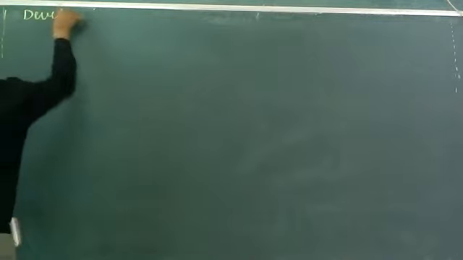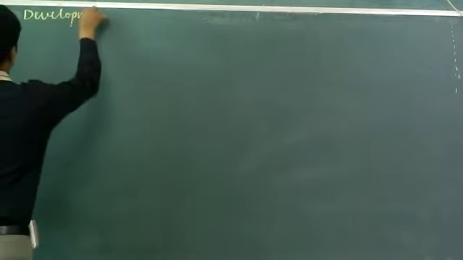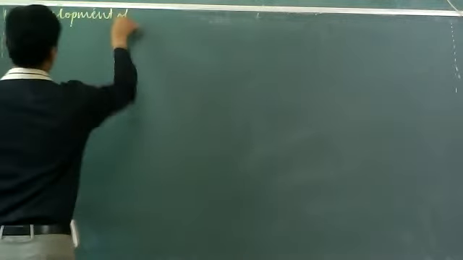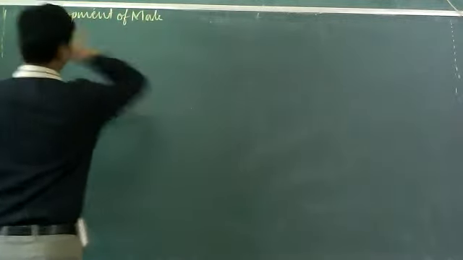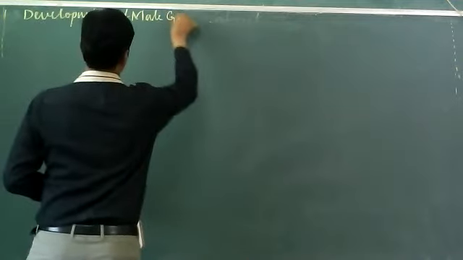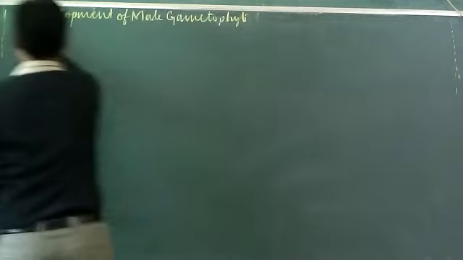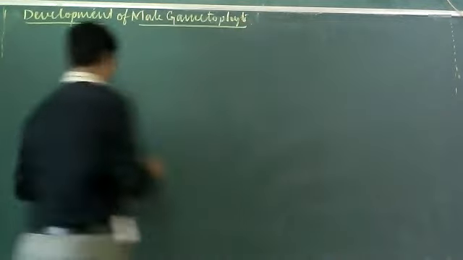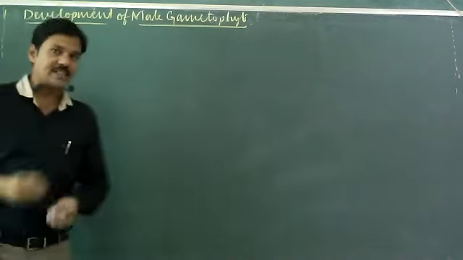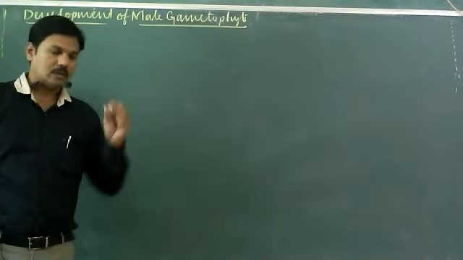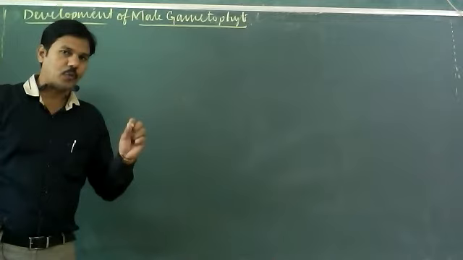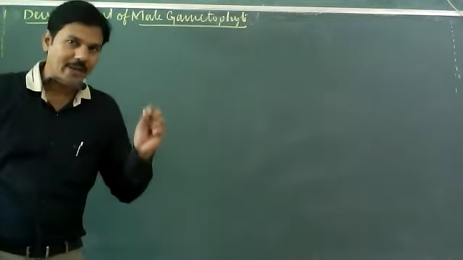So the development of male gametophyte. Already we discussed about 1.1. The first cell of the male gametophyte is the pollen grain.